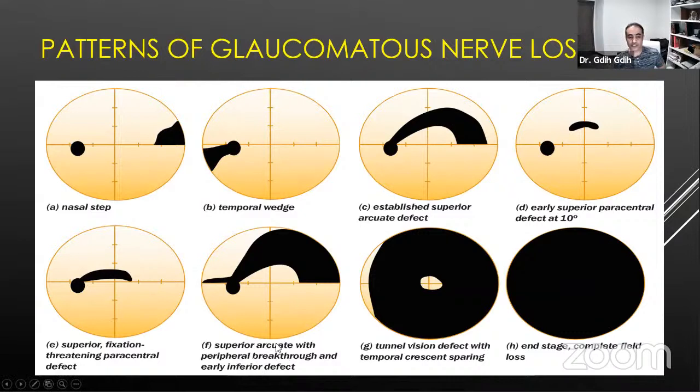And then superior arcuate with some extension, or inferior arcuate. Tunnel vision with a central island and temporal island, or end stage glaucoma where the whole field is lost. So really, if you think about these patterns, there is no additional pattern.